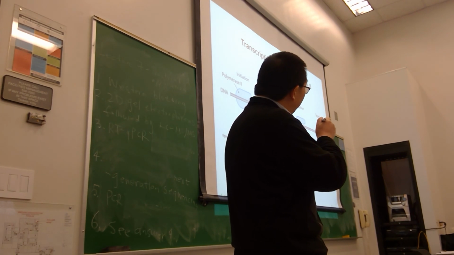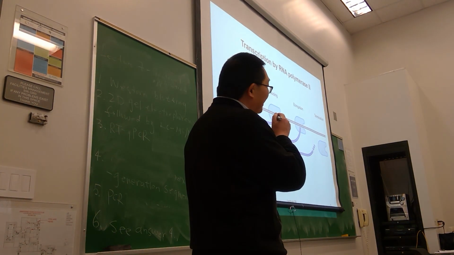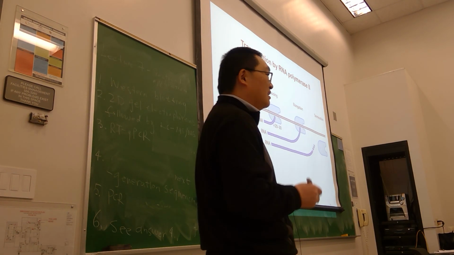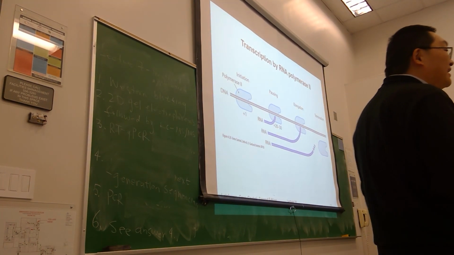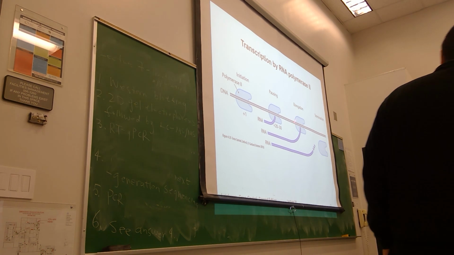Once initiation is done, they will go to elongation. In prokaryotes the DNA is naked. Eukaryotes do not have naked DNA.